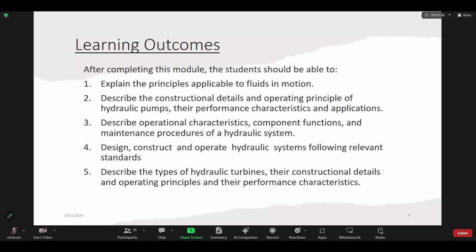Finally, you can identify hydraulic turbines, their working principles, their characteristics, and real-world applications. Likewise, you can identify these things after completing this module.